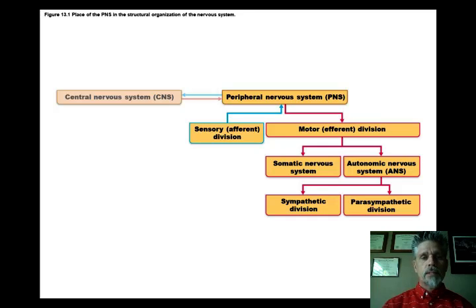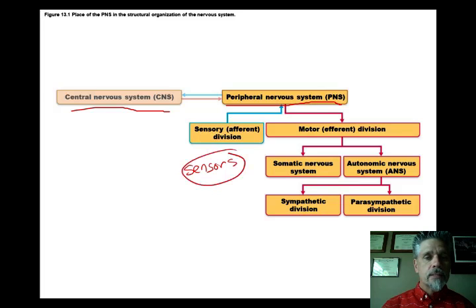All right, so this is what we had seen before, right? Central nervous system and peripheral nervous system. So we're focusing on peripheral nervous system now. In this case, we are talking about the sensory or afferent division, where our sensors are picking up the world around us and then transmitting that information into the afferent or sensory neurons.